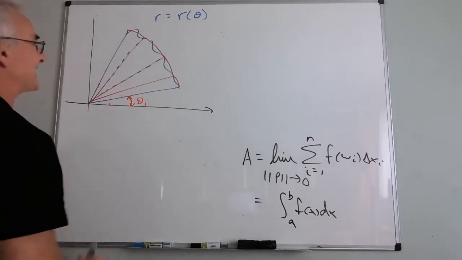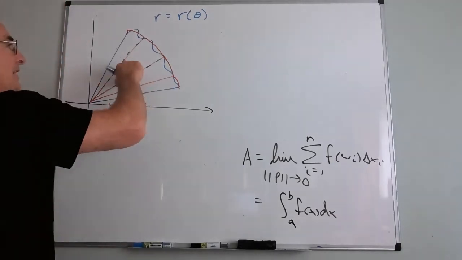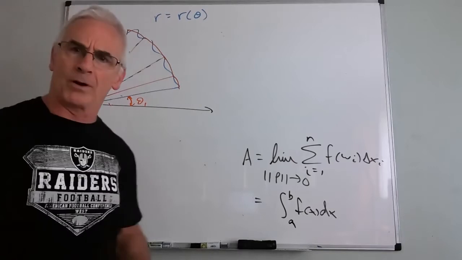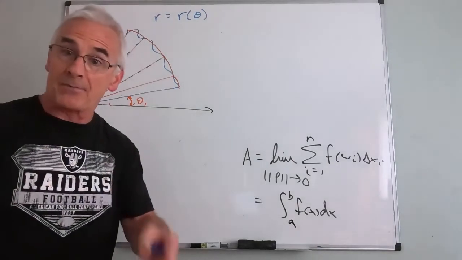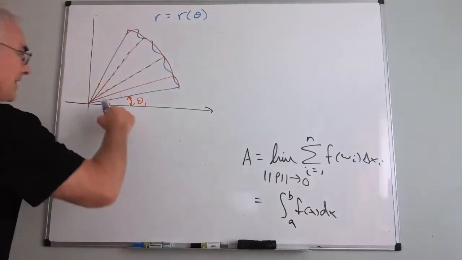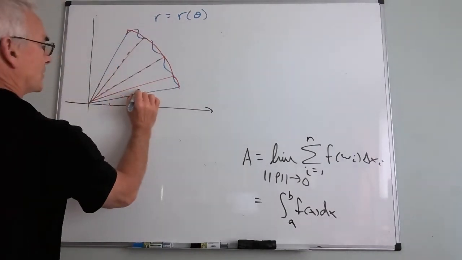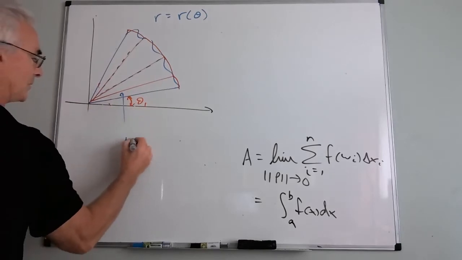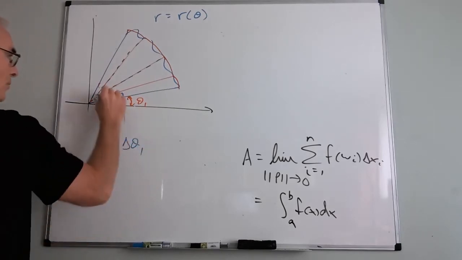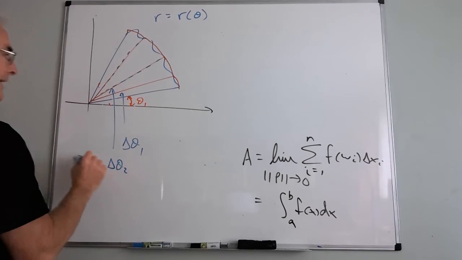So with that said, I want to find this area. Well, remember what we did before. We said it was 1/2 r squared theta. But I subdivided this, so this one here would be delta theta 1, and the next one would be delta theta 2, and so on.